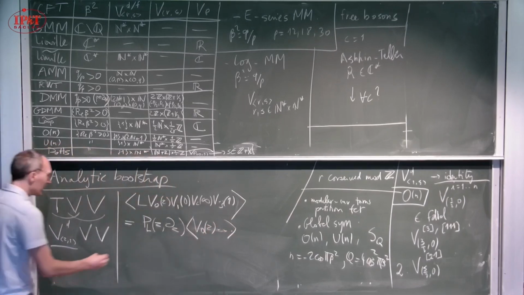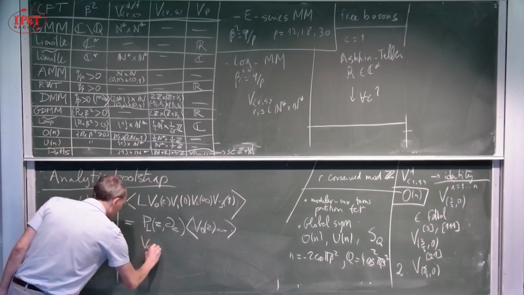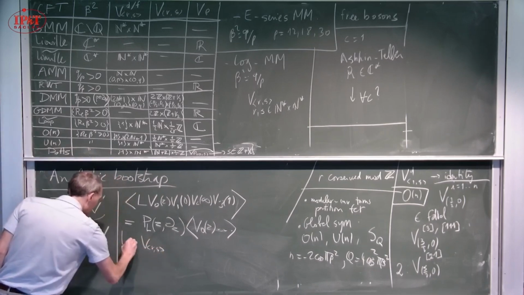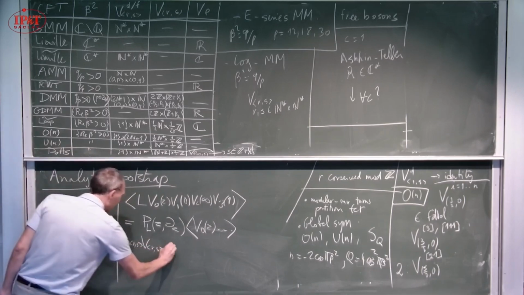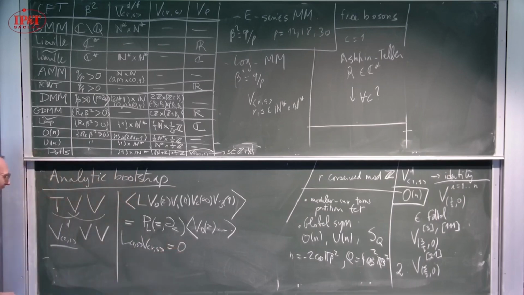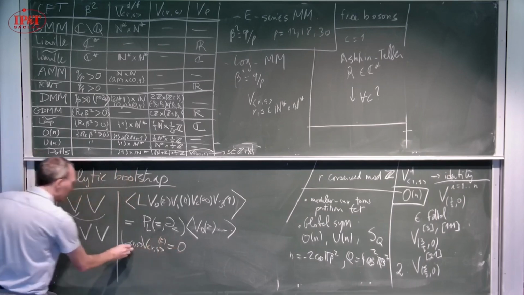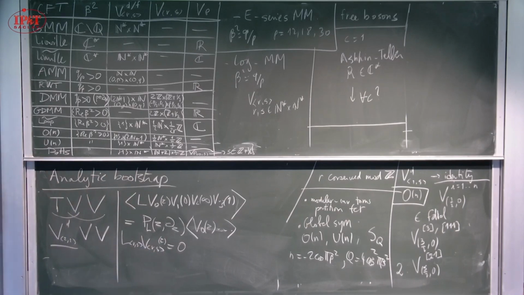And now, if this V_0 is replaced by some degenerate field, V_RS, by definition, a degenerate field has a vanishing null vector. So it obeys L_RS V_RS equals 0, for L_RS some creation operator, so a combination of Virasoro generators.